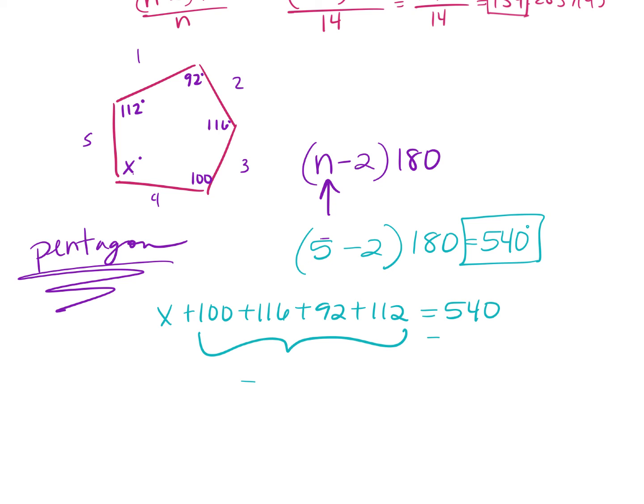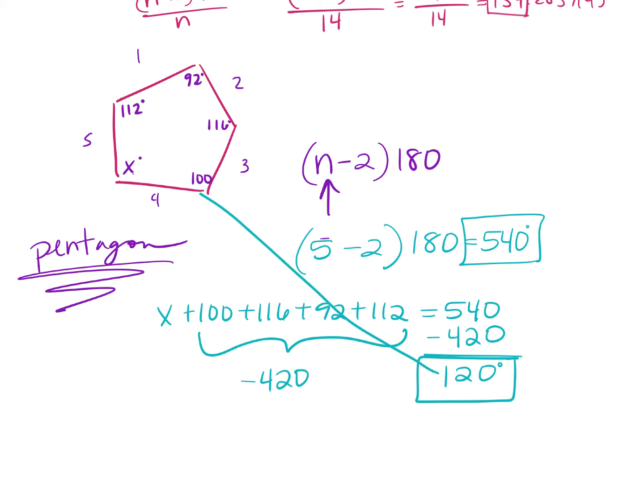I don't. 100 plus 116 plus 92 plus 112. So that's 420. So take away 420 on both sides and you get 120 degrees for that missing angle. Okay.